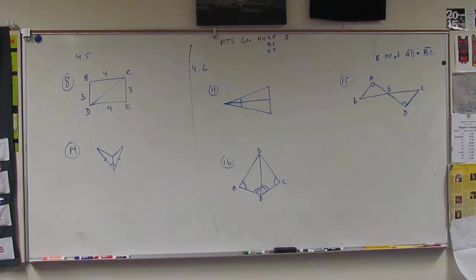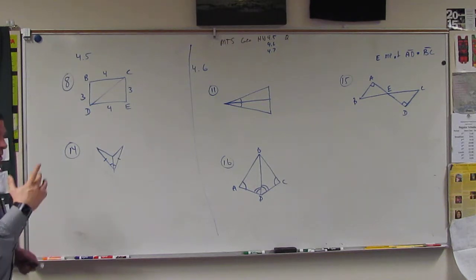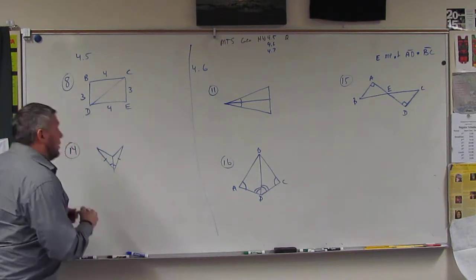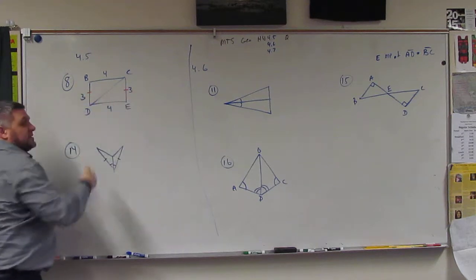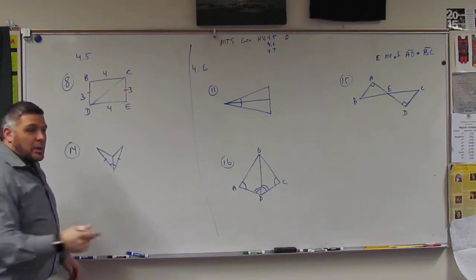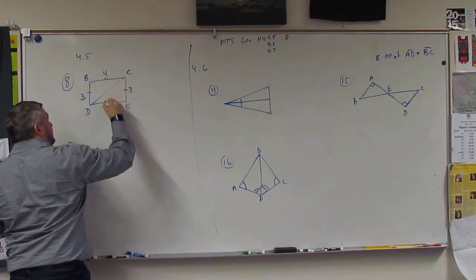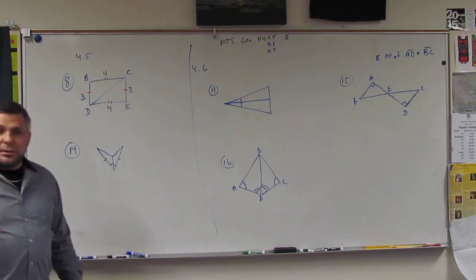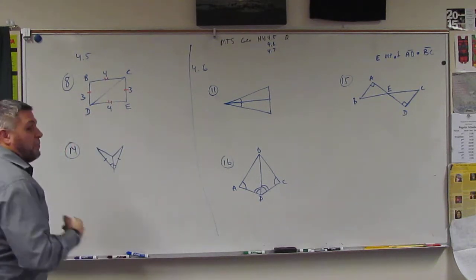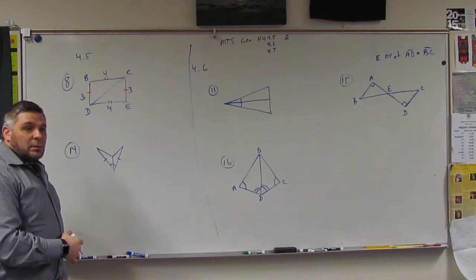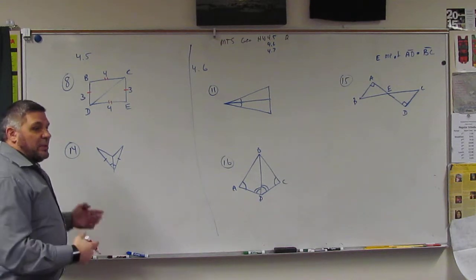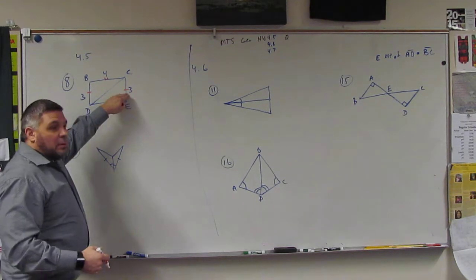Let's look at 8. What are we going to do for 8? Okay, we know a couple of things. We know that this side is congruent to this side, right? And we know that this side is congruent to this side, right? Now, if we were doing a proof, we know that because they're equal.